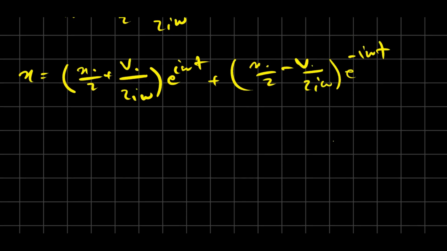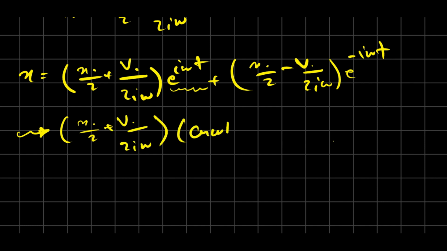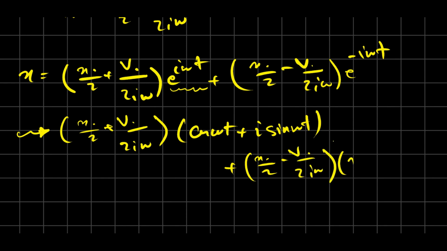And here we can expand this e to the power of i omega t with that identity I gave you: cosine of omega t plus i sine of omega t, plus x naught over 2 minus v naught over 2i omega times cosine of omega t minus i sine of omega t.